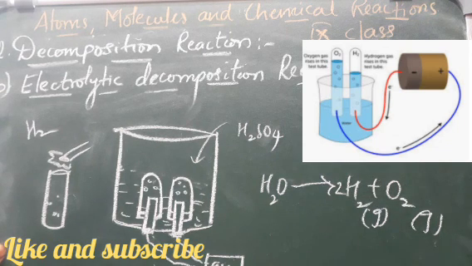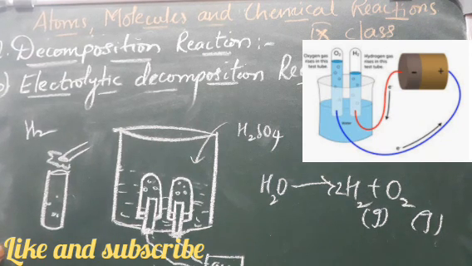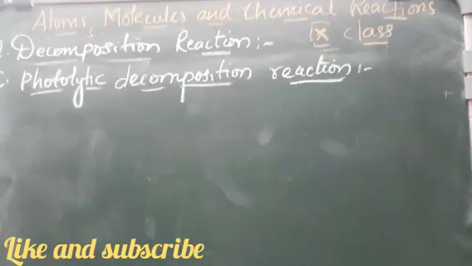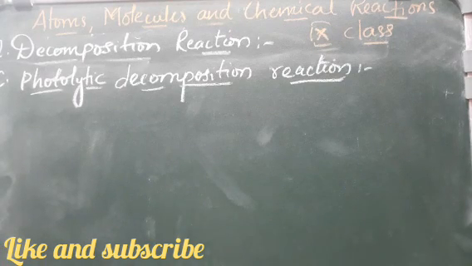The next reaction is the photolytic decomposition reaction. Photolytic, in the name itself, says what you are using: light. So this photolytic reaction is carried out in the presence of light.